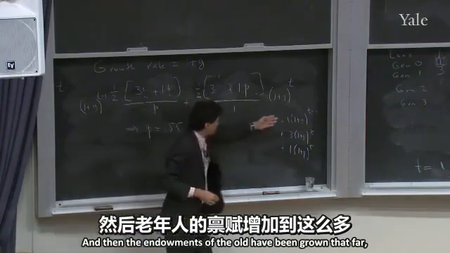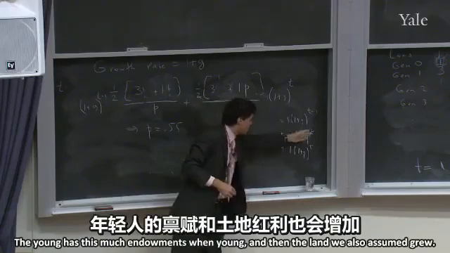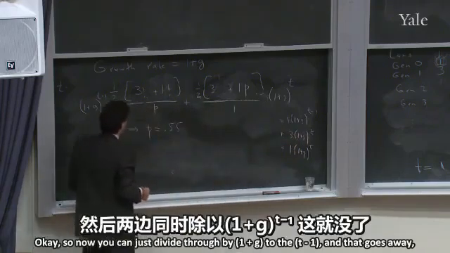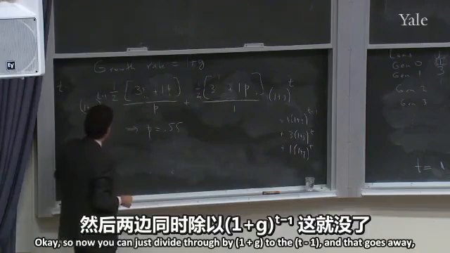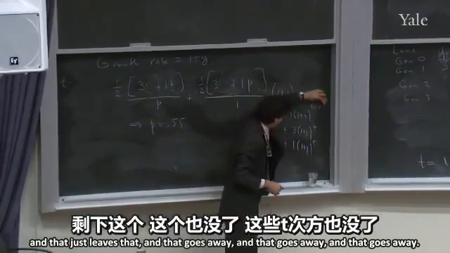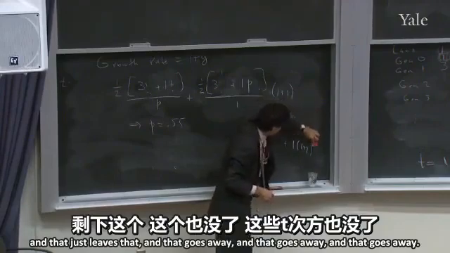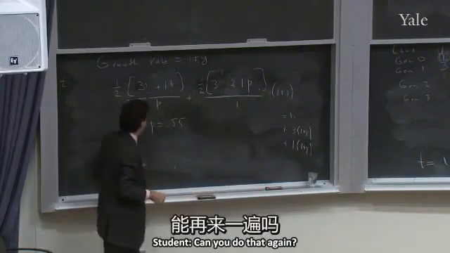And then the endowments of the old have been grown that far. The old generation has this many endowments. The young has this much endowment when young. And then the land, we also assumed, grew. So you can just divide through by 1 plus g to the t minus 1, and that goes away. And that just leaves that. That goes away, and that goes away. So you'd have that equation.